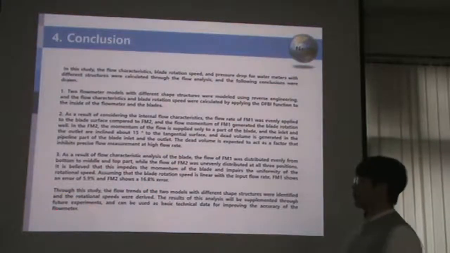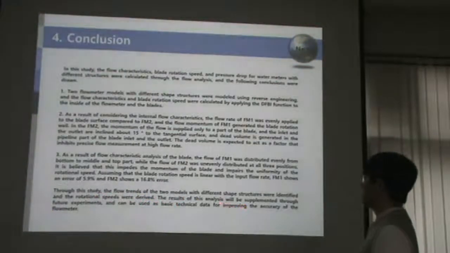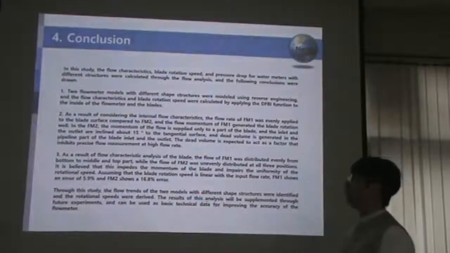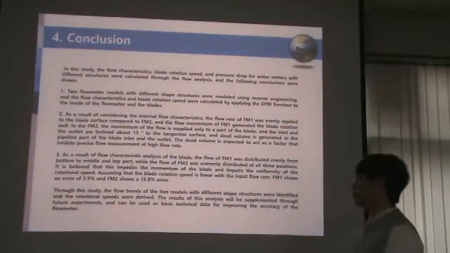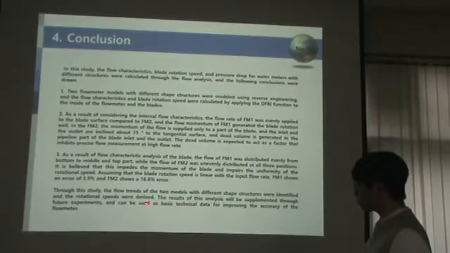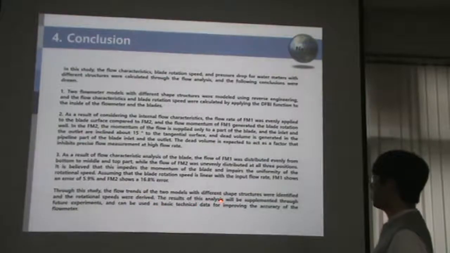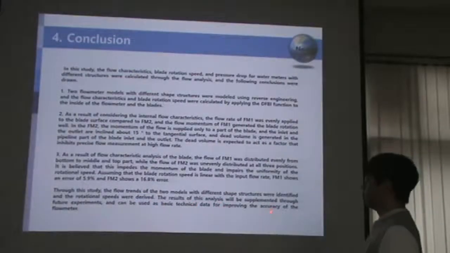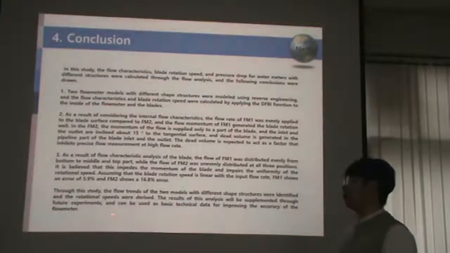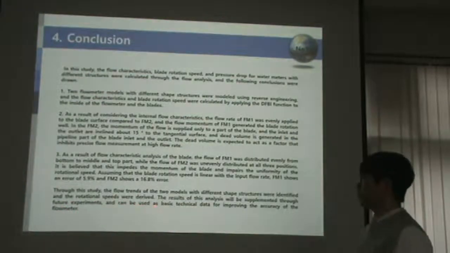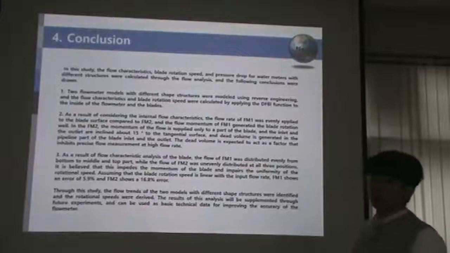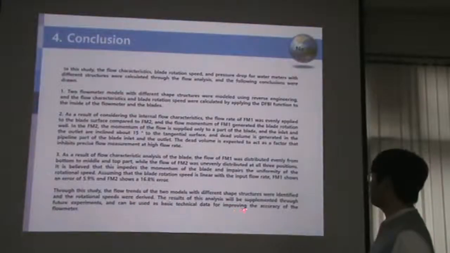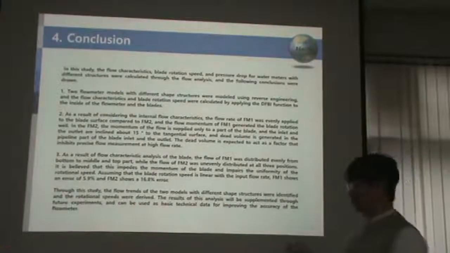Through this study, the flow trends of the two models with different shape structures were identified and the rotational speed was derived. The result of this analysis will be supplemented through future experiments and can be used as basic technical data for improving the accuracy of the flow meter.